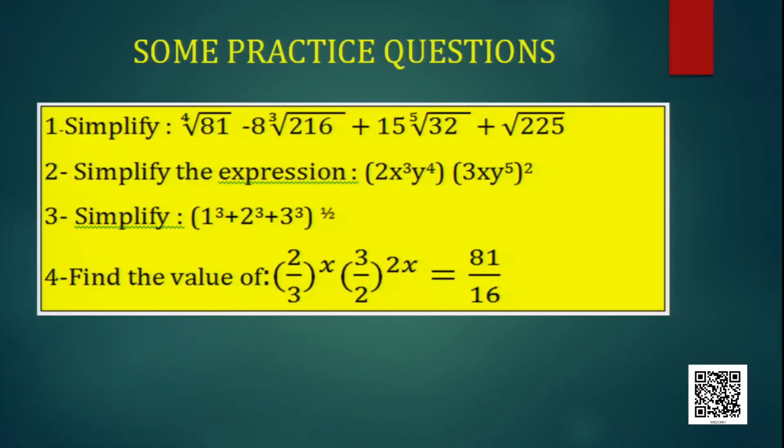Let me write: simplify the expression, 4th root of 81 minus 8 into cube root of 216 plus 15 into 5th root of 32 plus square root of 225.